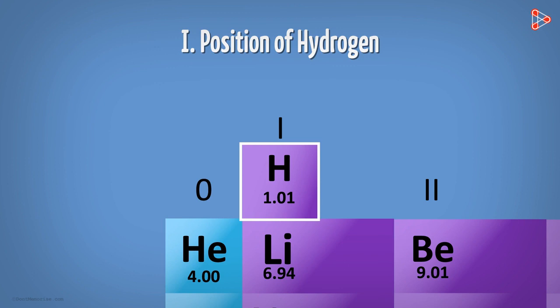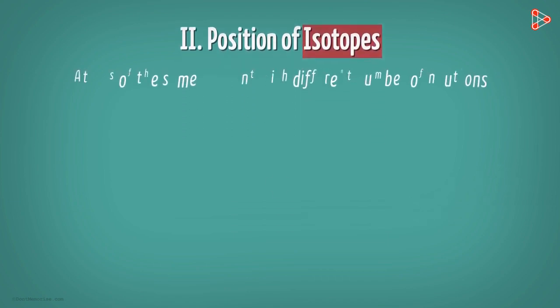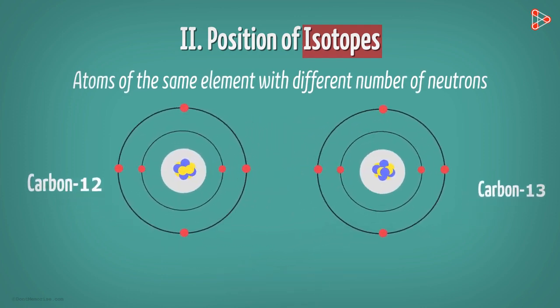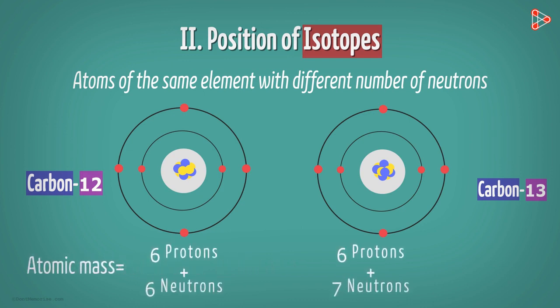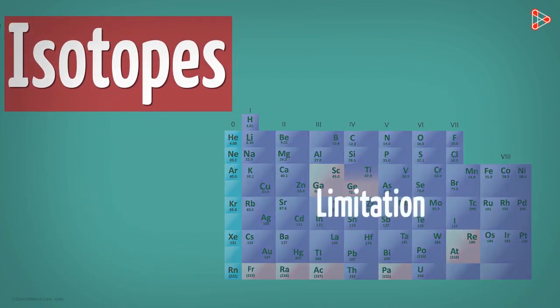Next limitation of the Mendeleev's table was the position of isotopes. Can you recollect what isotopes are? Yes, they are the atoms of the same element with different number of neutrons. That is the reason why, in spite of belonging to the same element, the atoms have different atomic masses. Because atomic mass is the sum total of all the protons and neutrons present in the nucleus. Placing isotopes in the table was a limitation.